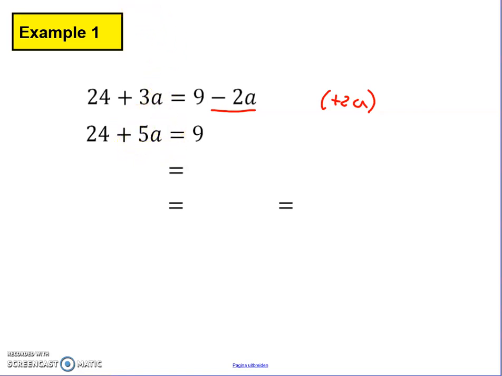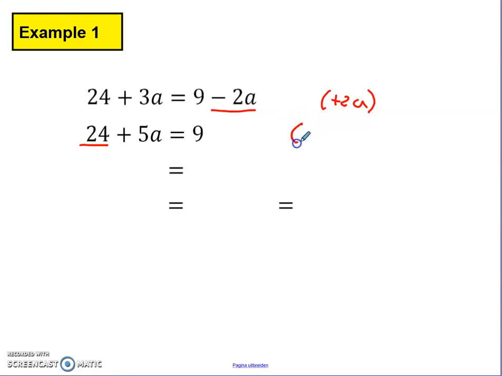So what you want to do is you want the variables on one side of the equal sign, and all the loose numbers, like this 24, it has to go away. So we have only loose numbers on the right side. So always decide who needs to go. He needs to go. What do I need to do to get rid of him? Well, just do the opposite.